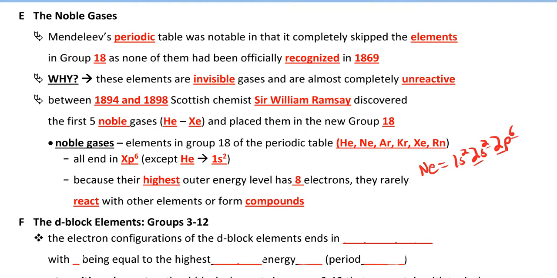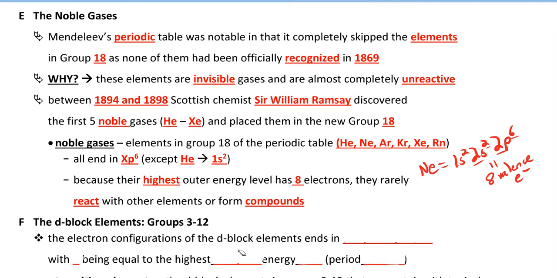Those highest energy levels are completely full. That means you have 8 valence electrons, or 8 electrons in the highest energy level, and so they're full, and that's why they're super stable and essentially unreactive.